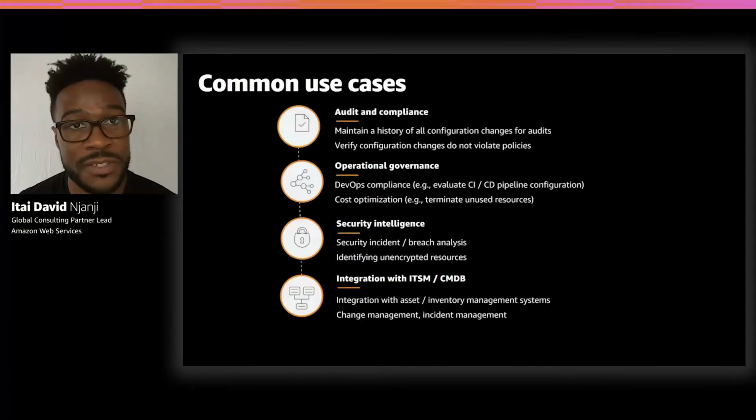So let's take a look at some of the use cases for AWS Config. As I mentioned, you can use AWS Config for a lot of things. First, you can use it to integrate with your CMDB in terms of configuration management, where CMDB stands for Configuration Management Database. In addition to that, you can use it for security intelligence.